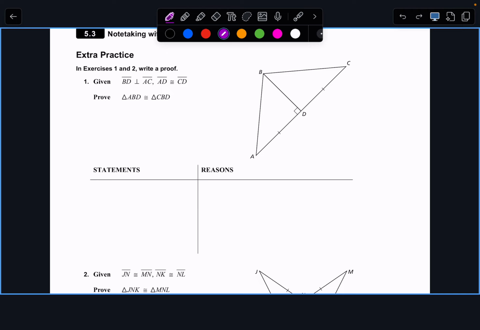So we just need to write that all down. Okay? So let's get started. Number 1, we know that BD is perpendicular to AC, and we know that AD is congruent to CD because that's our given information.